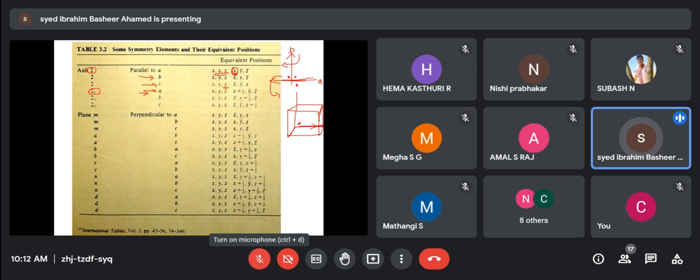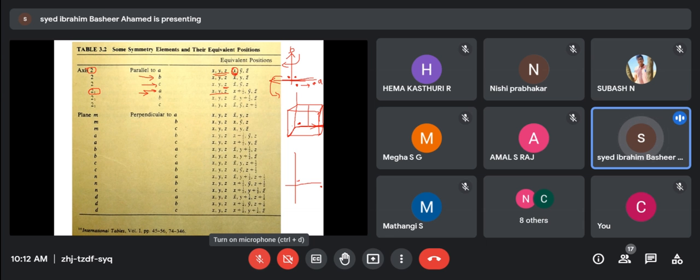The coordinate will be the same, X, Y, Z. And then what will happen? If it is a twofold rotation, it will come here. The sign will not change for X. It will be X, Y bar, Z bar. But now you are translating half unit length. So you will have the molecule and a second molecule something like here, because you have translated half unit length.